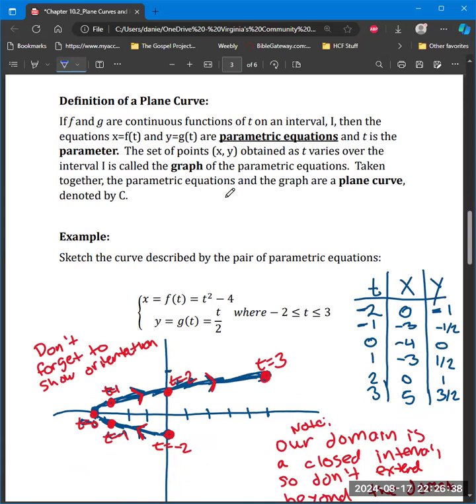The set of points x, y obtained as t varies over the interval I is called the graph of the parametric equation, and taken together, the parametric equations and the graph are a plane curve denoted by capital C. We'll see capital C more in Calculus 3 as we move into chapters 11 through 15 for that class.